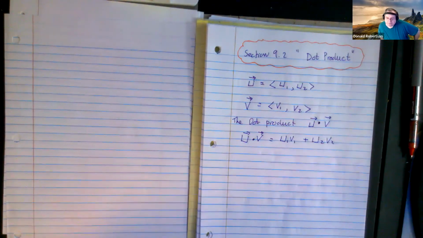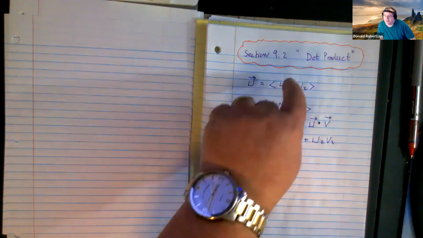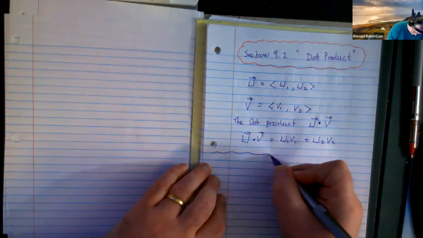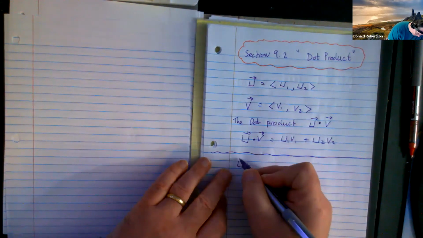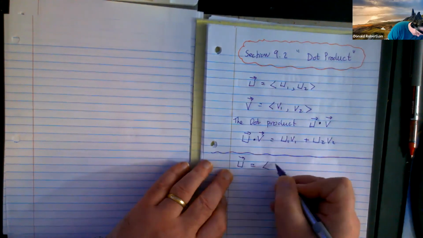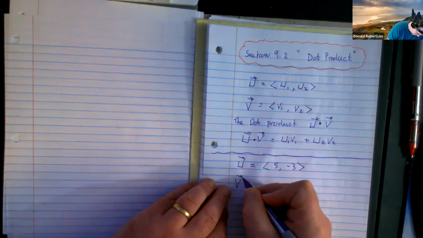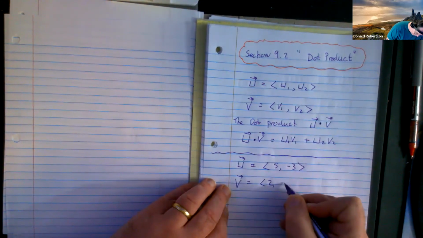Can you see why the word product is in the name for this thing? Don't you multiply things, which is what a product is? I'll give you an example. Suppose I have a vector u, and it's (5, -3), and I have a vector v, and it's (2, -1).